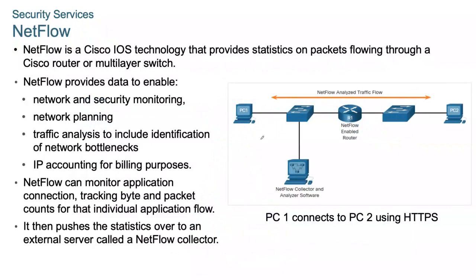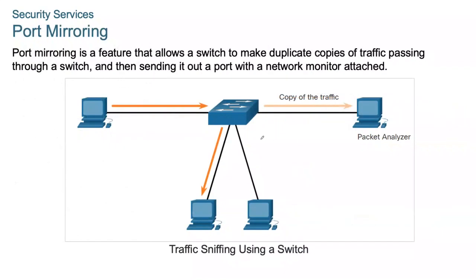Then comes another service, the fourth service, which we call port mirroring, or the packet sniffer also. So here in this architecture, suppose you have PC1, PC2, and PC3 connected in this infrastructure.